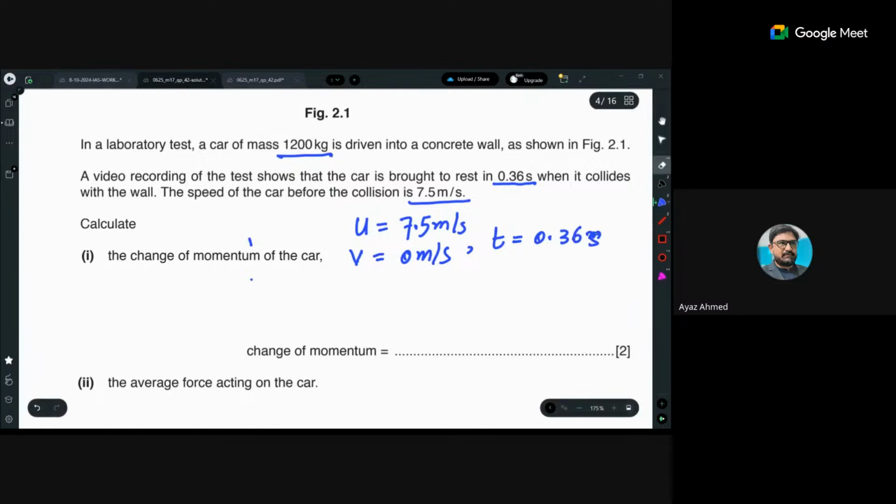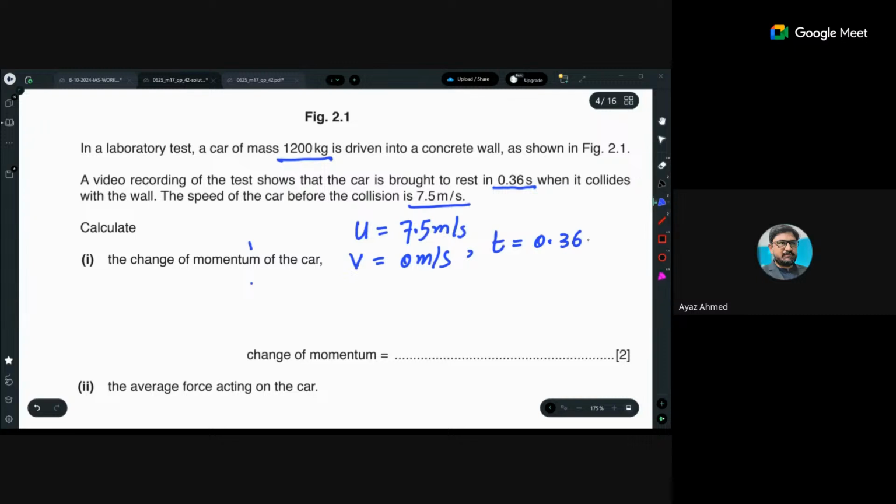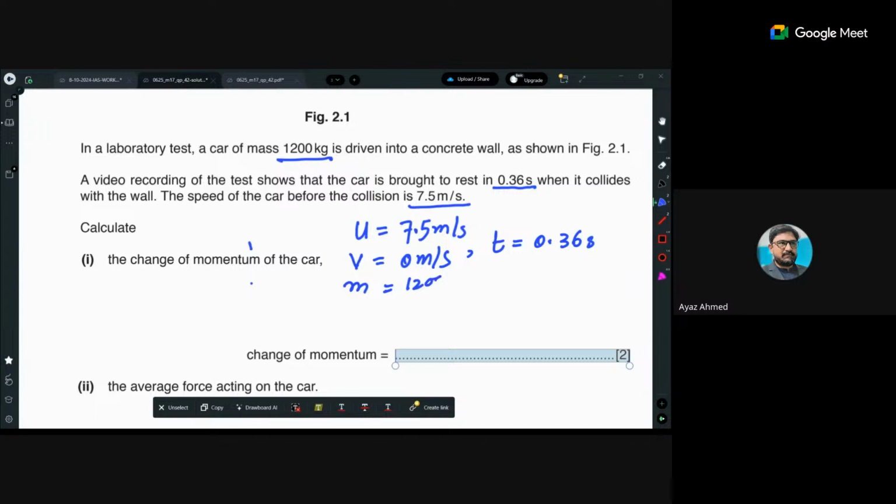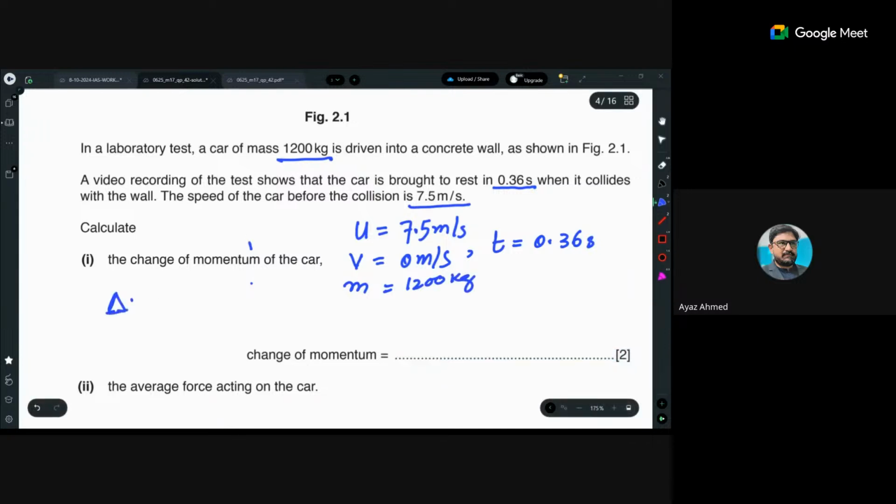All that data is available to you. So simply do it like this. What do you want to find? Change in momentum. The mass of the car is how much? 1200 kg. So what is the formula for change in momentum? Change in momentum is m into v minus u.